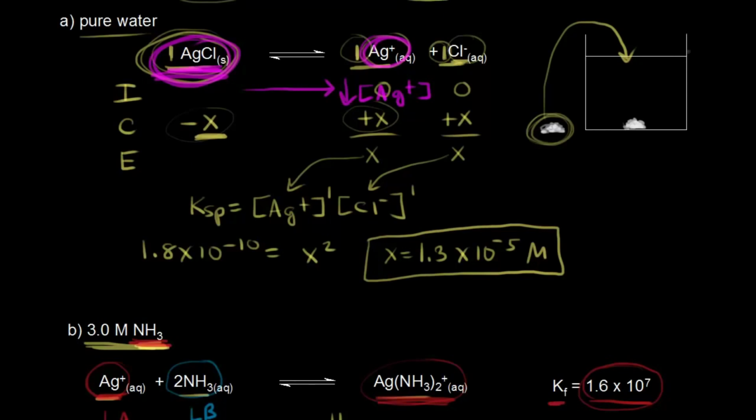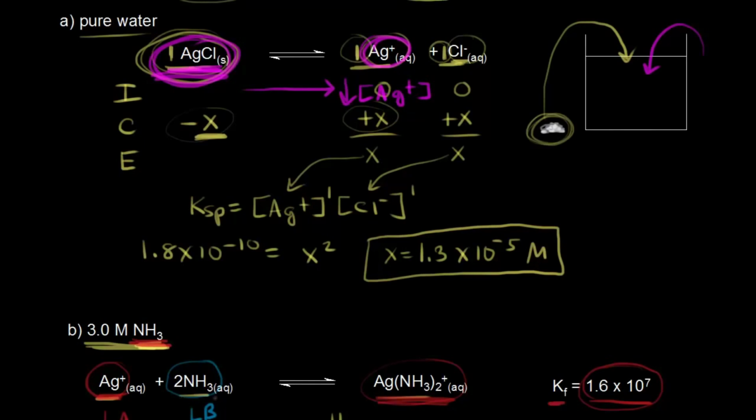So if we added some ammonia, right, if we added a solution of ammonia here, we could get our silver chloride to dissolve, right, because it's more soluble because of the formation of a complex ion. So let's say we add enough ammonia solution where we get our silver chloride to dissolve here. So that's the idea.